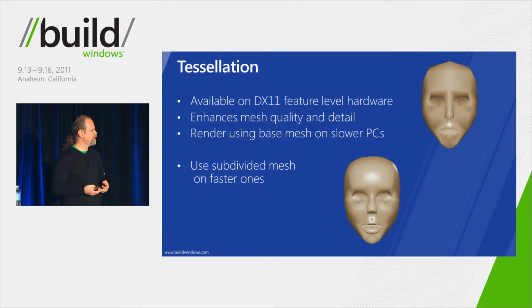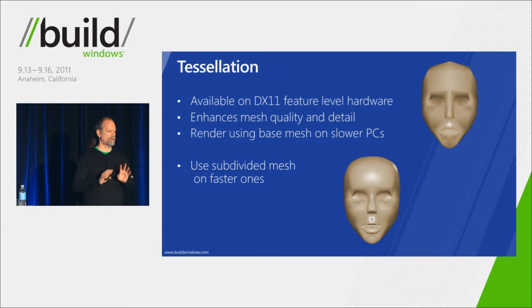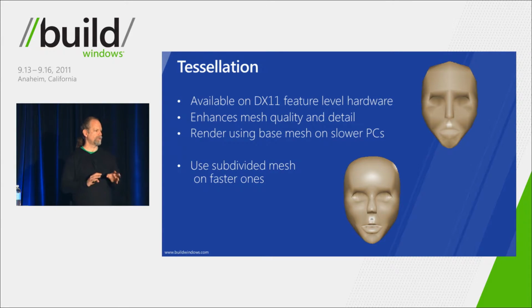I can use the hardware tessellation capability to take the existing asset that I already shipped and improve the quality by subdividing each of those triangles into a larger number of triangles using a curve patch mechanism. And so this is a fairly popular technique we're seeing today. And it helps, again, with the scaling across a broader range of hardware.